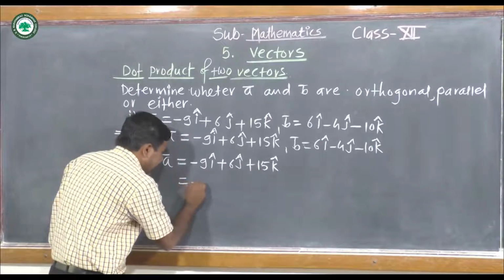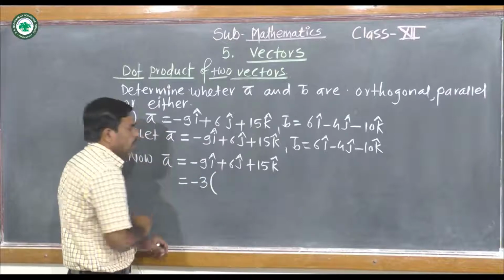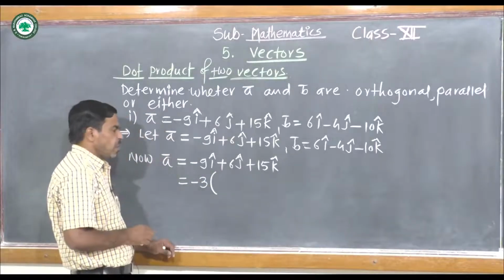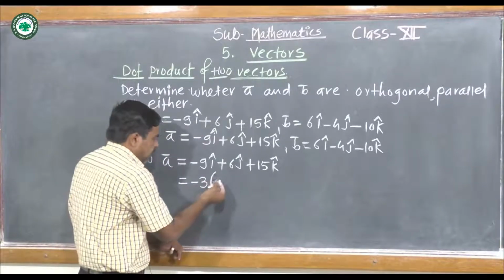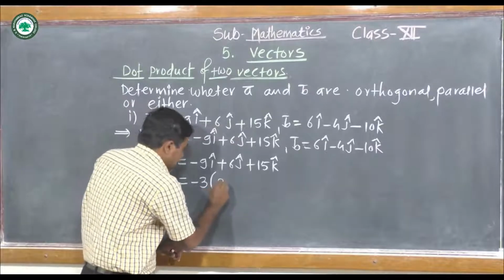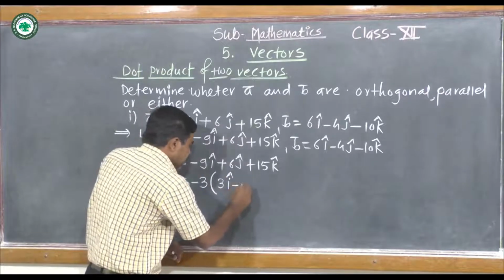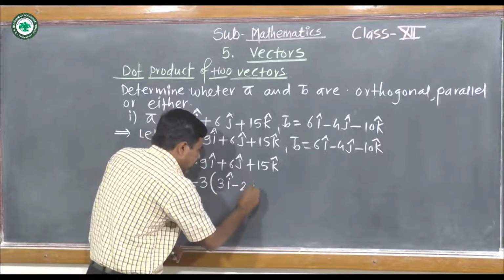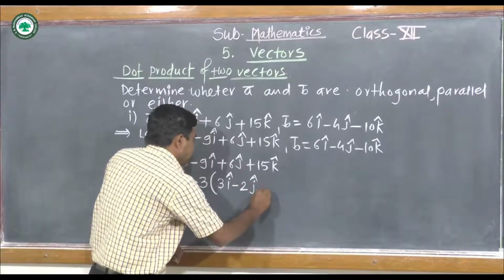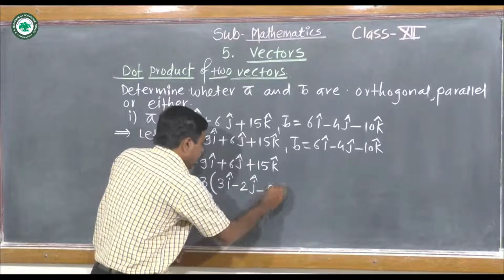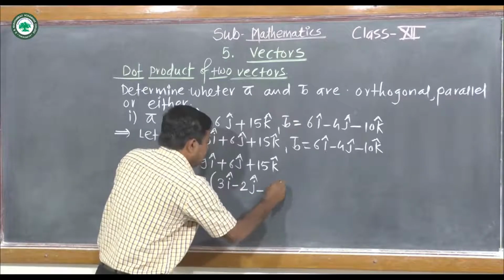If we take minus 3 common, the remaining vector is 3 I cap minus 2 J cap minus 5 K cap.